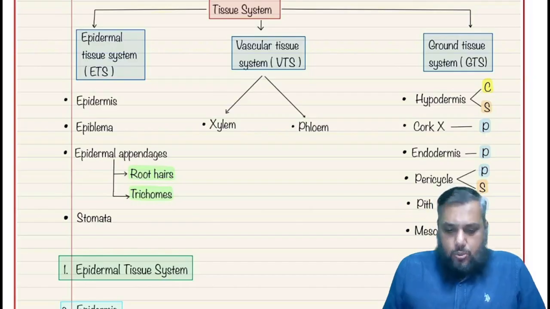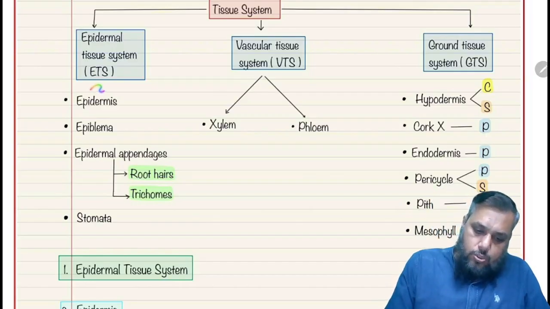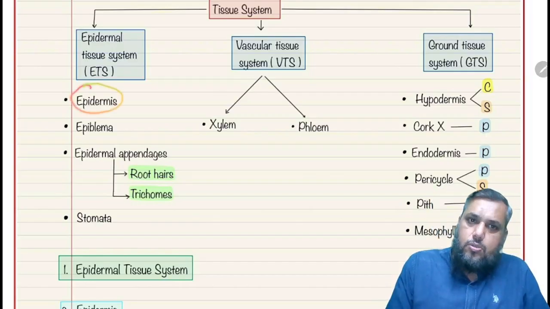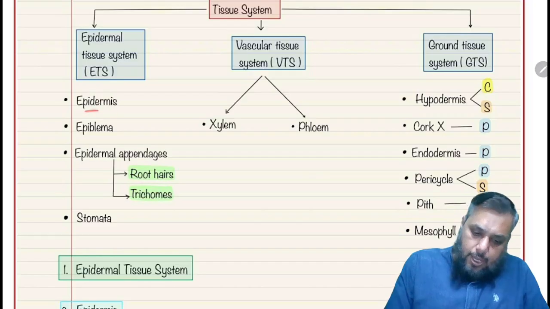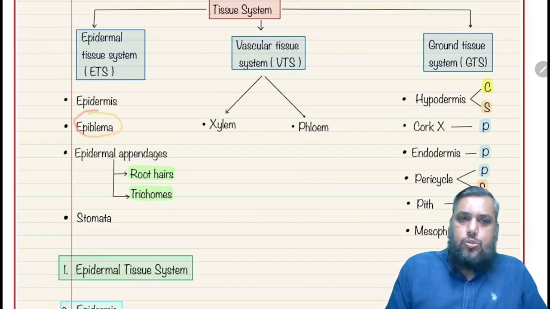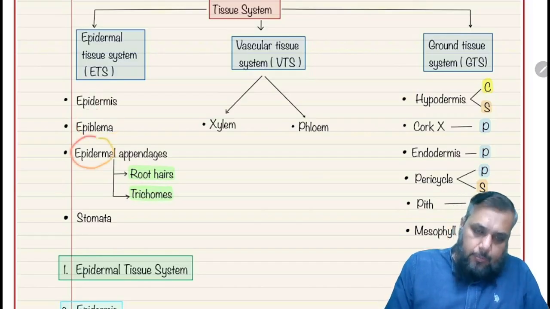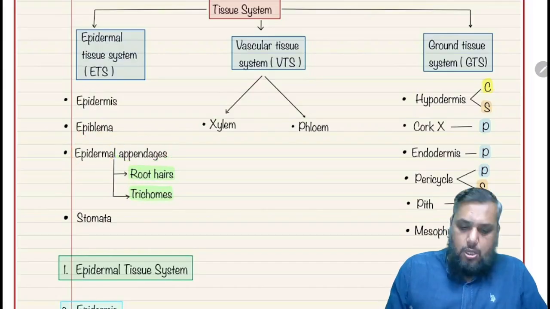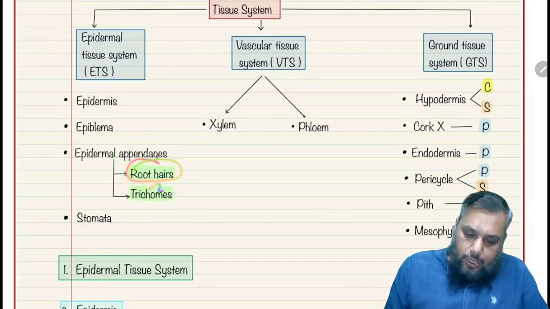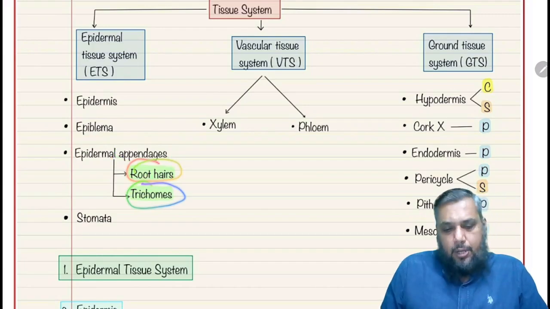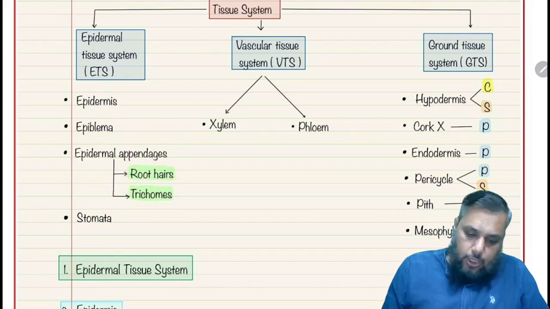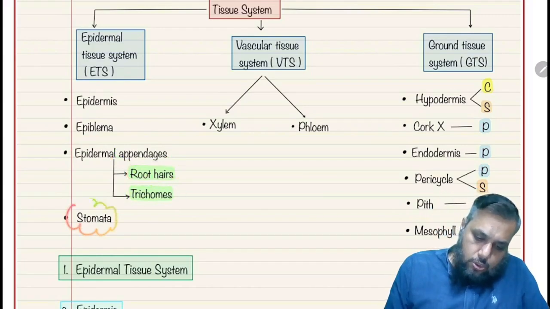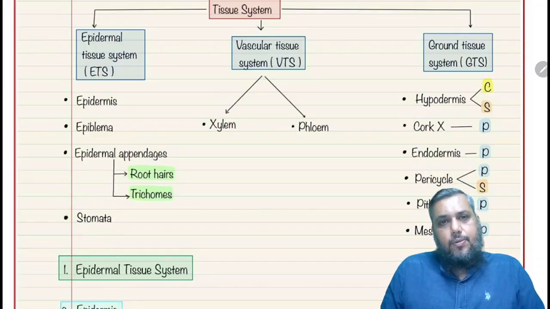So the epidermal tissue system includes the epidermis of the shoot, epiblema of the roots, and epidermal outgrowths called epidermal appendages, which include root hairs and, on the stem, trichomes, and they include the stomatal apparatus.